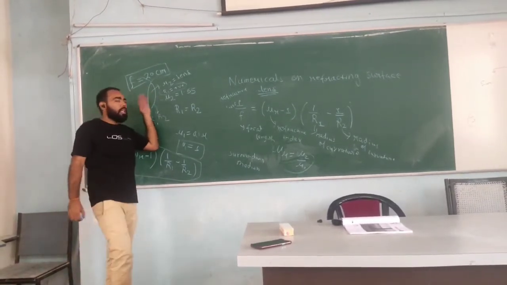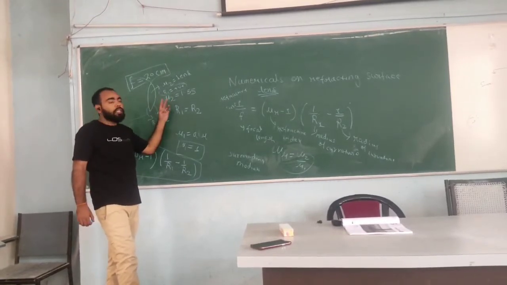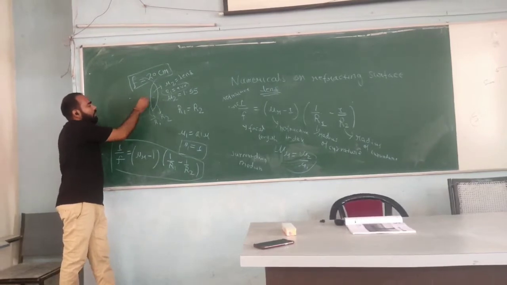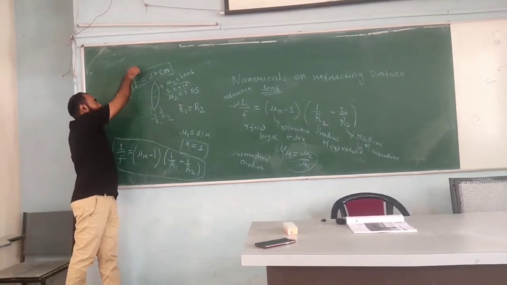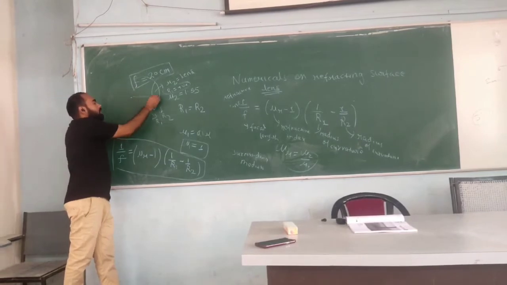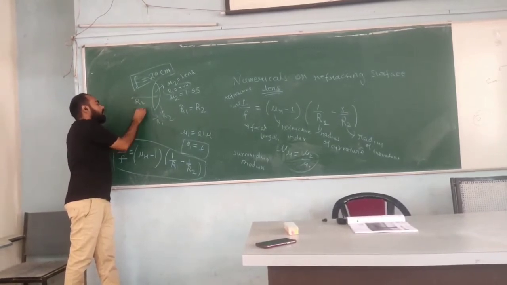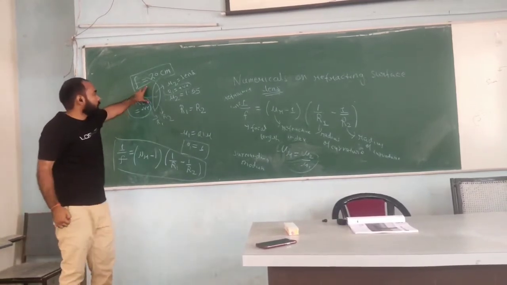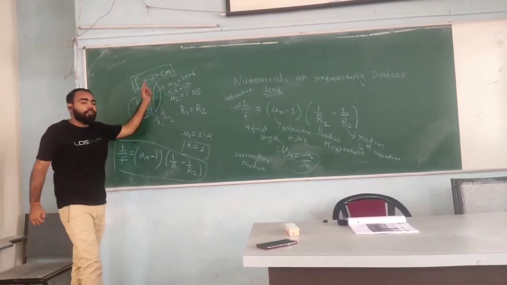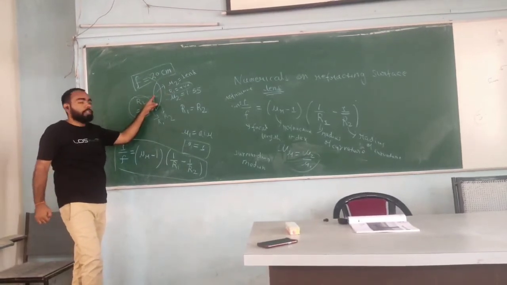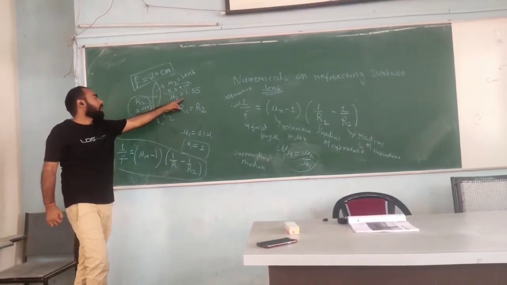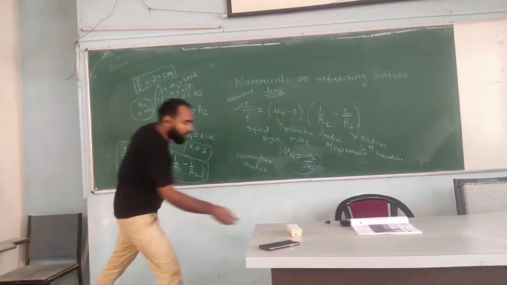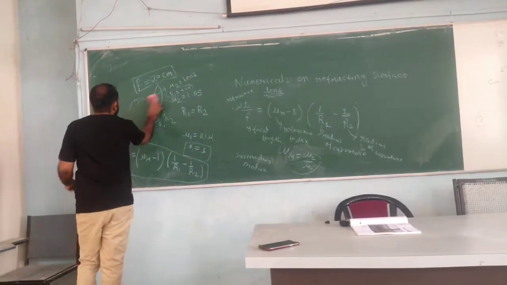If it lies on the right hand side, it is positive, and if the radius of curvature lies on the left hand side, like R2 here, it is negative. You have to understand in which direction the refracting surfaces have their radius of curvature. For the first refracting surface, R1 is positive, and R2 is negative here. So I am putting the values and finding the final answer.